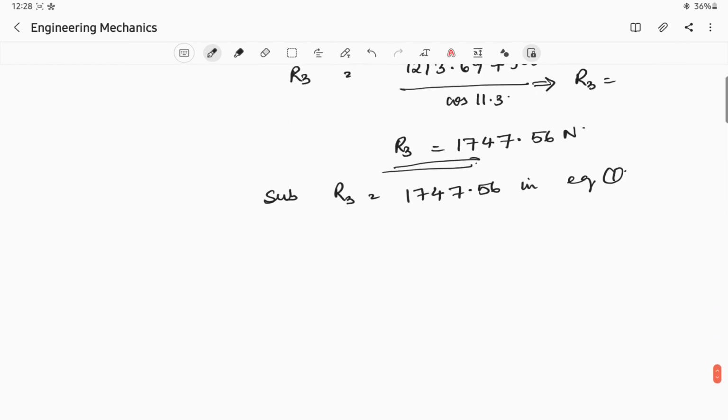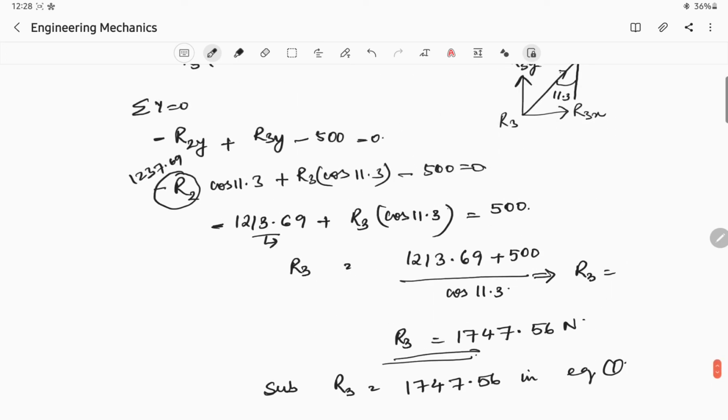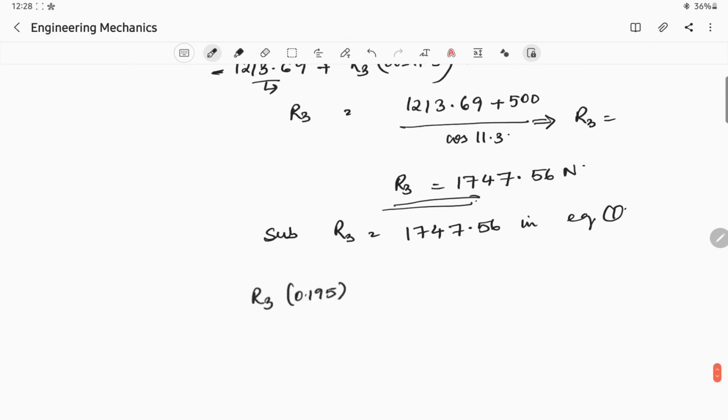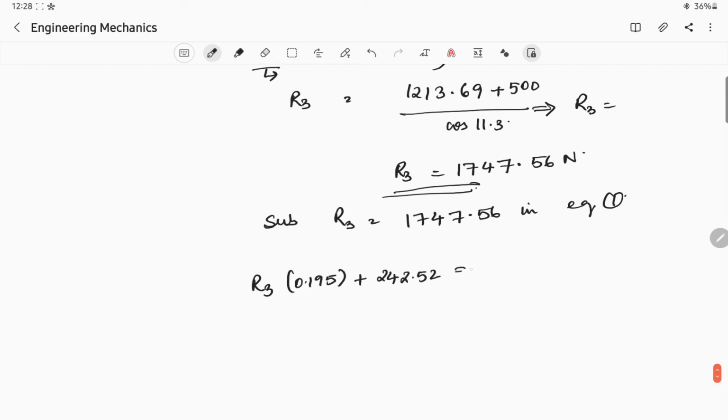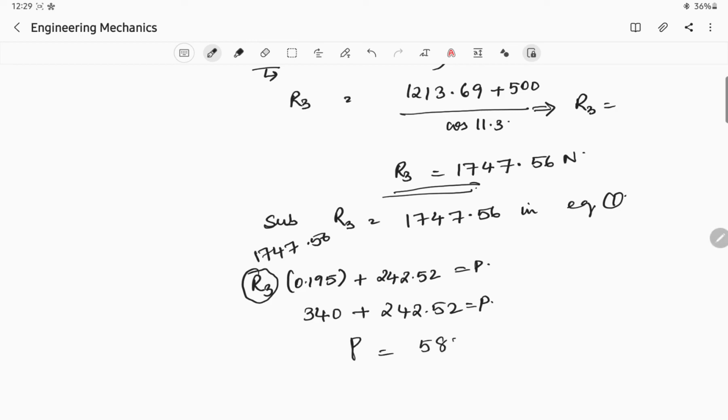That is R3 into 0.195 plus 242.52 is equal to P. So substitute the value of R3 here, 1747.56 into 0.195, you'll get it as 340. 340 plus 242.52 is equal to P. So P is equal to 340 plus 242.52, we'll get it as 583 newtons. So the final value of P is 583 newtons.